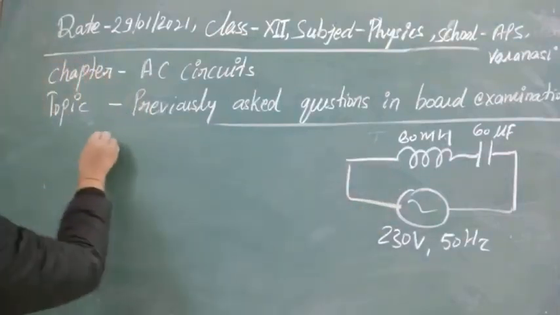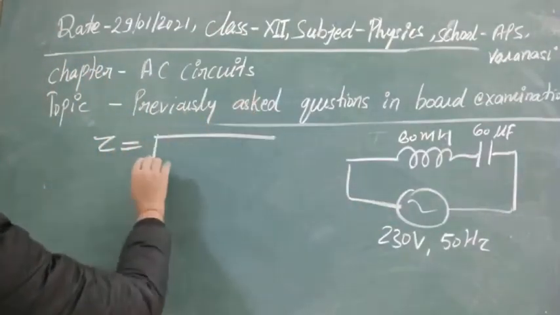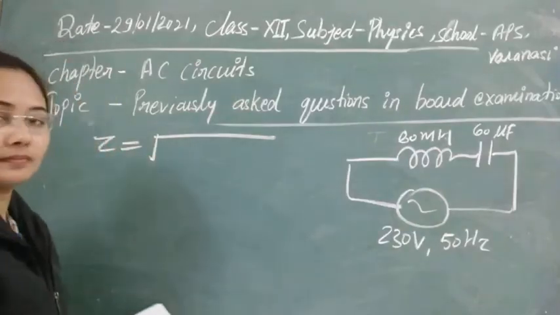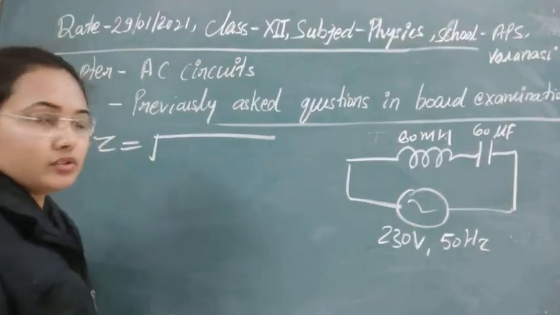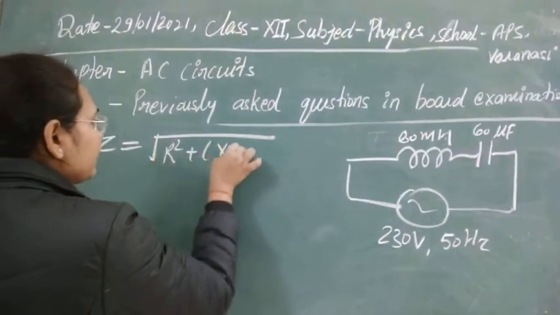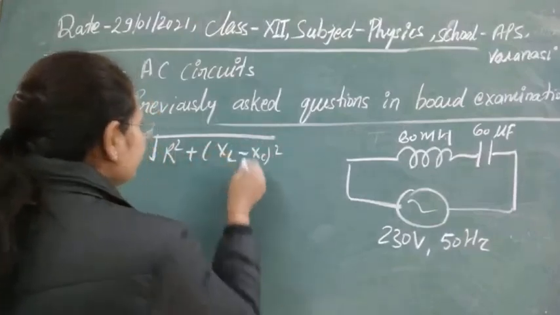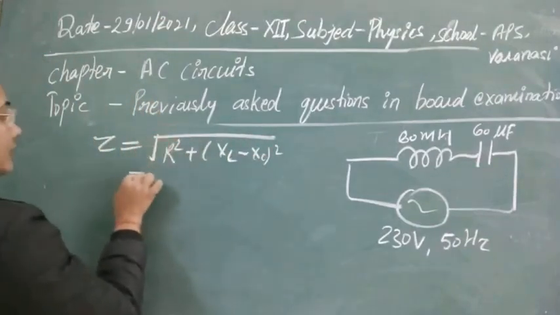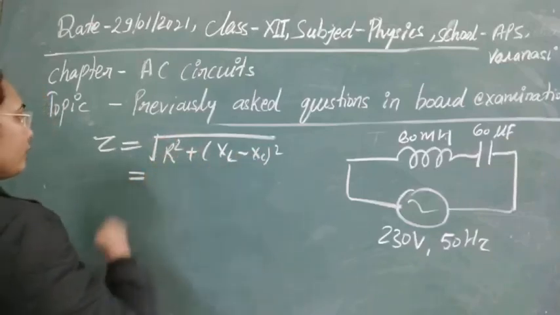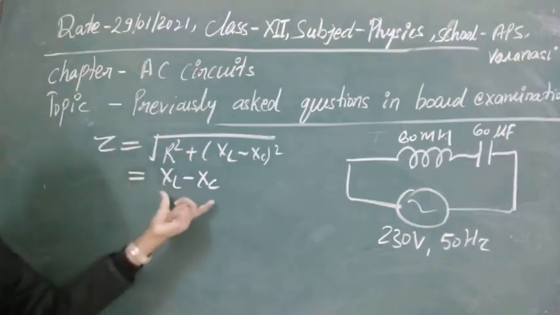The impedance of the circuit is given, in case of LCR, by the square root of R squared plus (XL minus XC) whole squared. Obviously if resistance is negligible, then R can be 0 here. So Z can be written as XL minus XC.